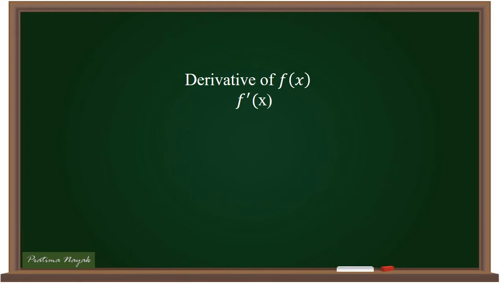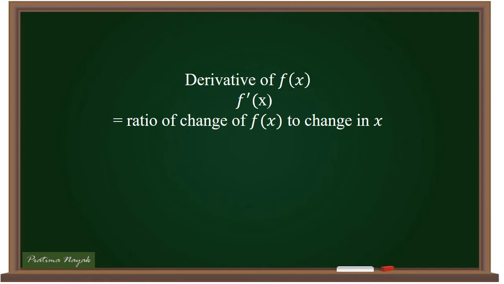Derivative, as we know, is denoted by f dash x, which is the ratio of change of f(x) to change in x, or the ratio of change in y to change in x when the change is very small or negligible.